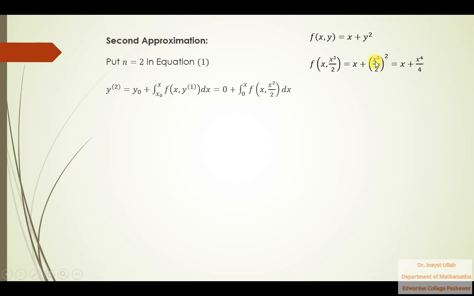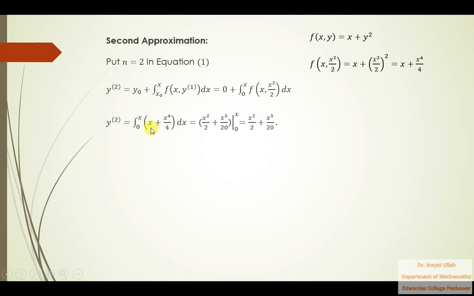Now open this square, so that is x power 4 by 4. So x plus x power 4 by 4, that is the value of this function. Function of x comma x square divided by 2 is actually x plus x 4 by 4.